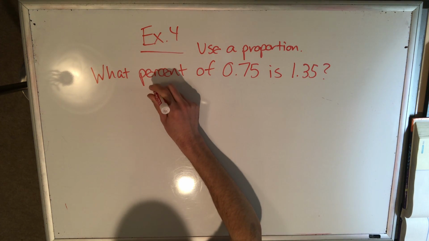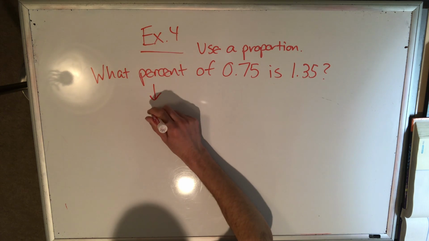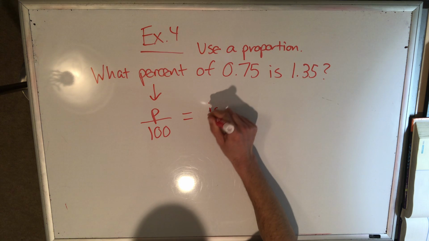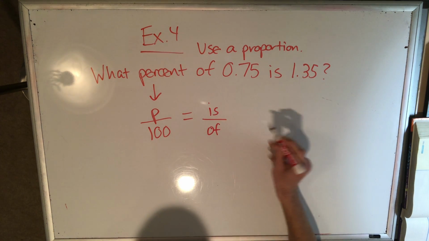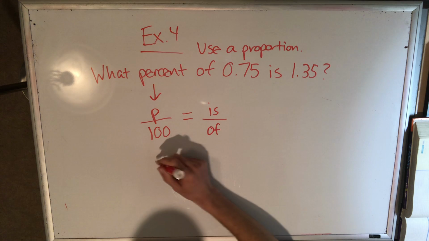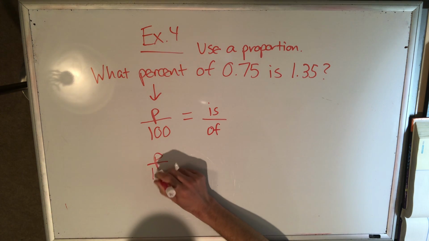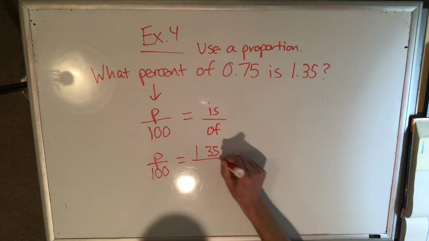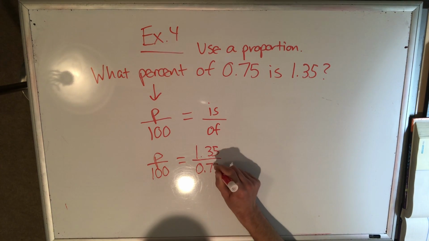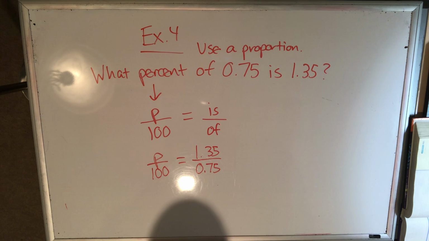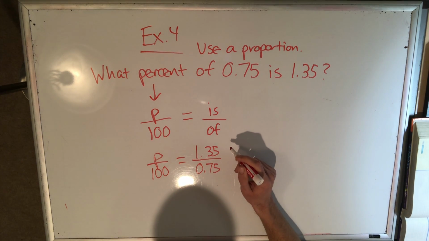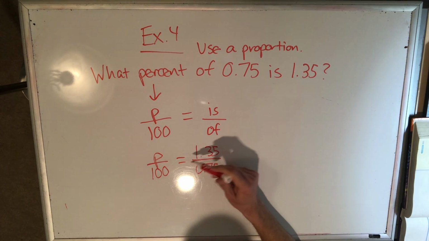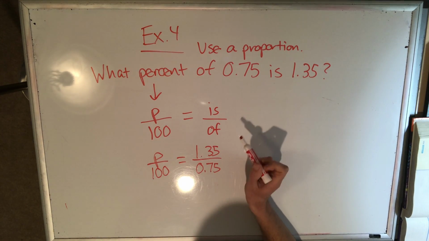So percent tells you how many hundredths you have, so what percent would be P over 100, and then equals the is number over the of number, which in this case is 1.35 over 0.75. And we can cross multiply since we have equal fractions, and multiply the diagonals and make them equal to each other.